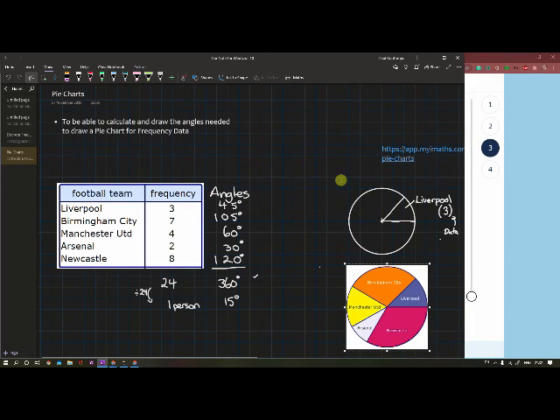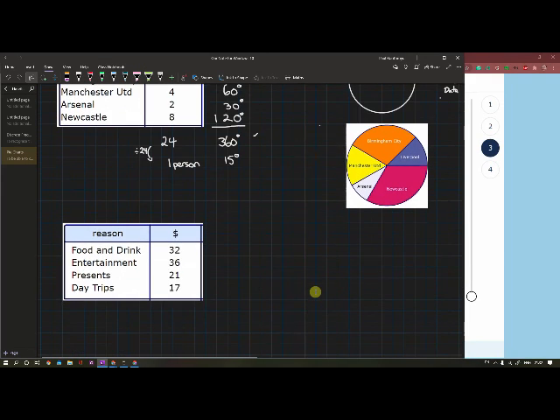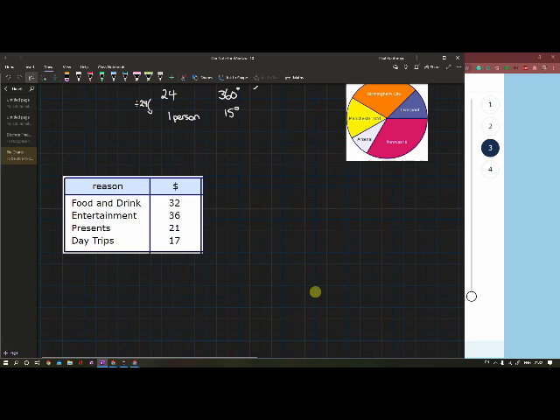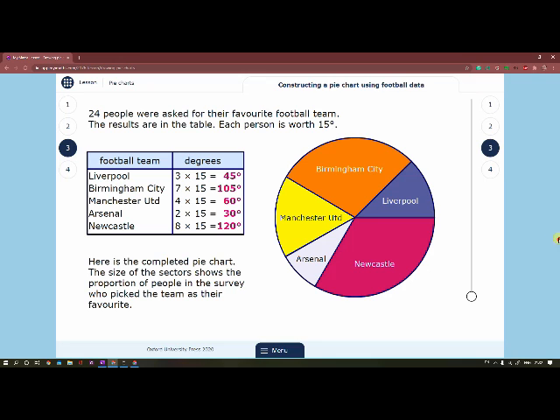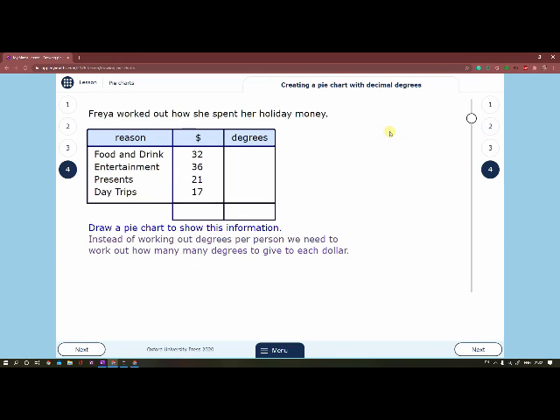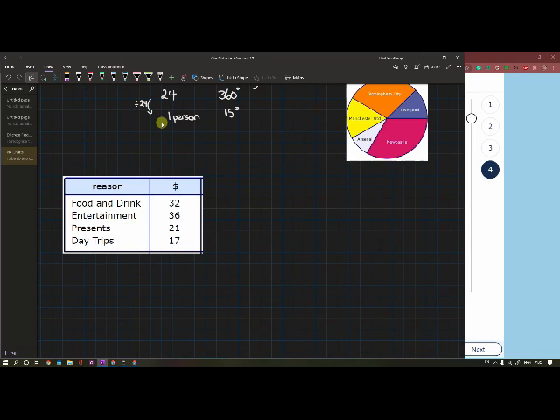Just a little problem that you might come up against is this one. If I find their actual section, what did you spend money on during a holiday? So this is Freya's holiday money. Make sure you put titles with these things.